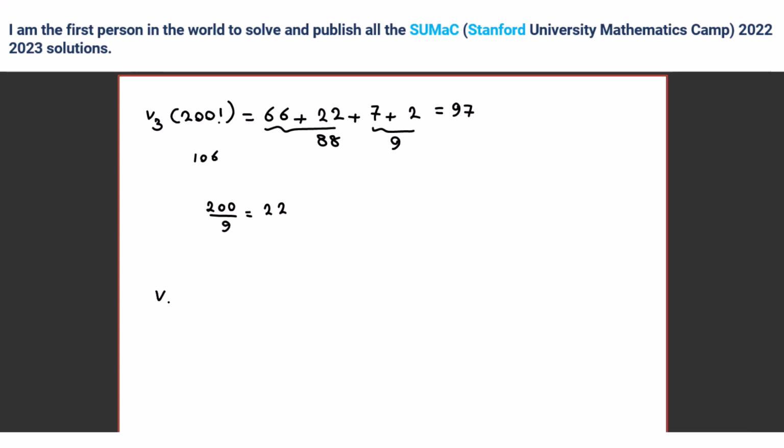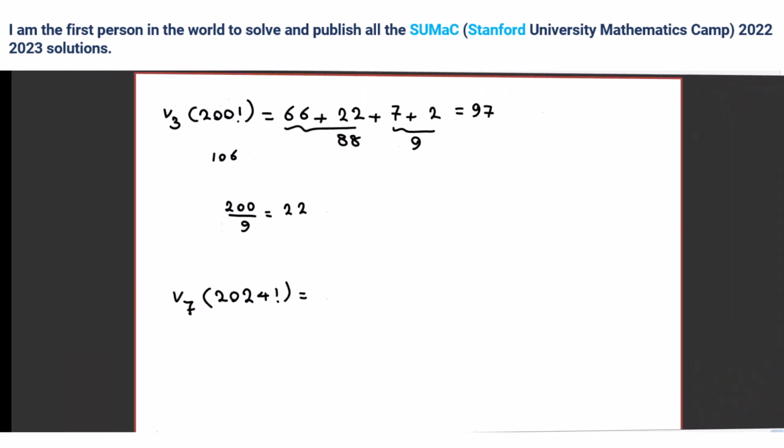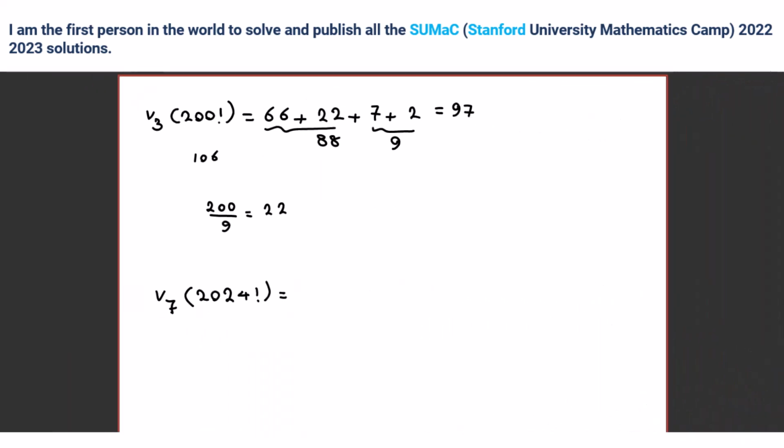Let me tell you one more number. The power of 7 in 2024 factorial. Calculate this. 335. Okay, let's check.